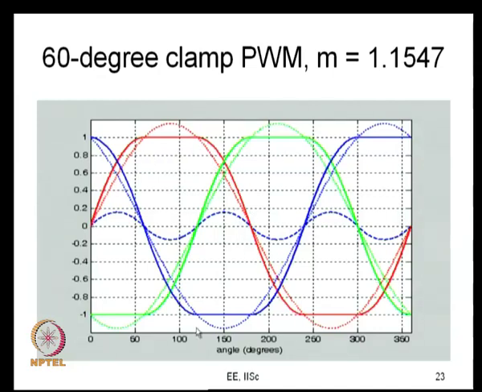This is to show that 60 degree clamp can also work up to Vm is equal to 2 by root 3 Vp. So, you can have a DC bus utilization as high as that of the third harmonic injection with K is equal to 1 by 6. So, you can get 15% higher fundamental voltage than sine triangle PWM, and you see that the common mode signal, this is how it looks.